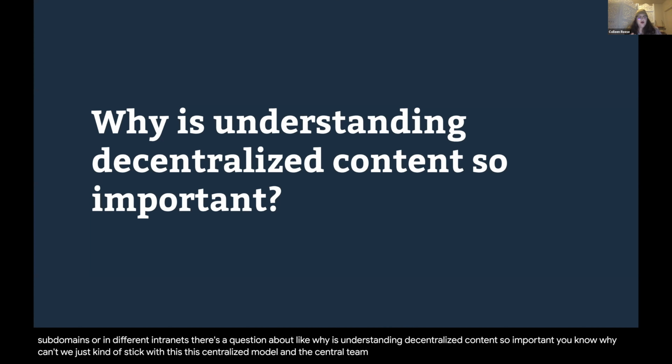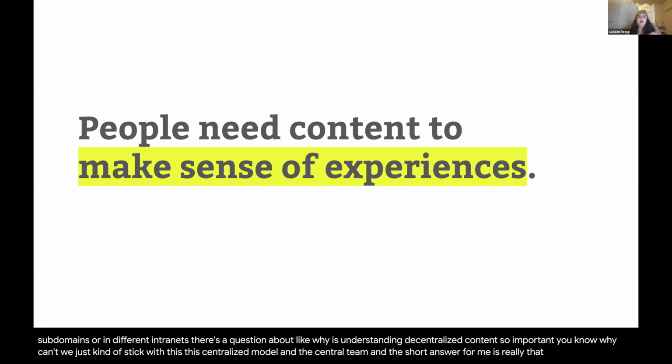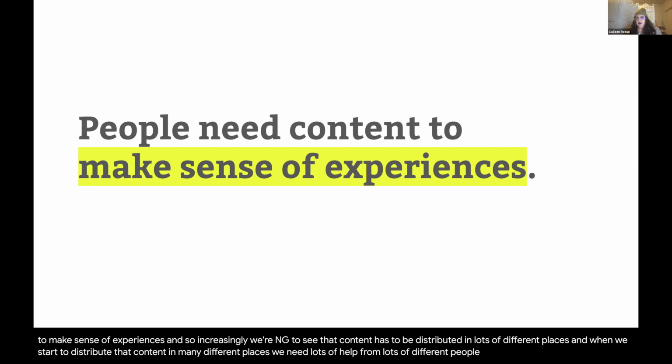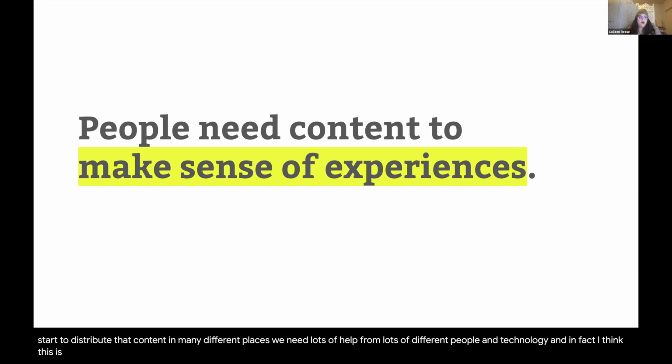And the short answer for me is really that people need content to make sense of experiences. And so increasingly, we're going to see that content has to be distributed in lots of different places. And when we start to distribute that content in many different places, we need lots of help from lots of different people and technology. And in fact, I think this is really the job of a content strategist, to help people, including the people that you work with to co-author content and to co-author your strategies with, to help them make sense of this experience.